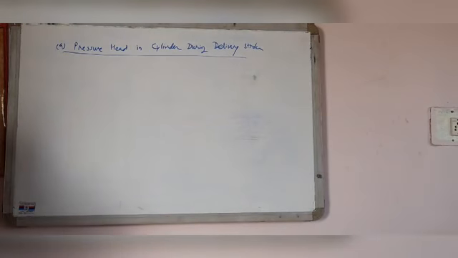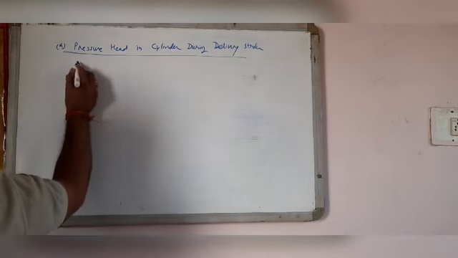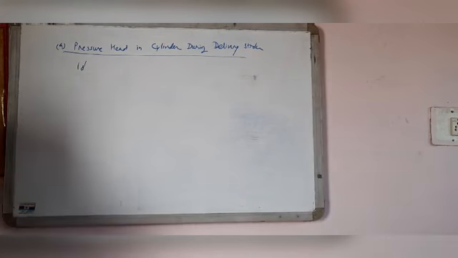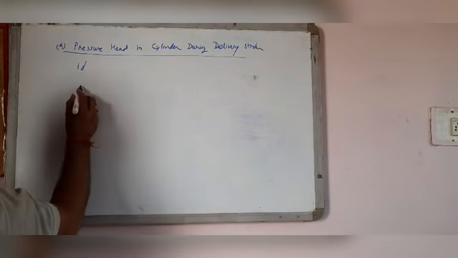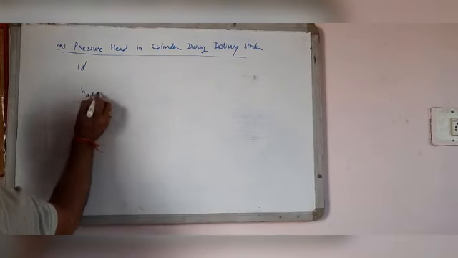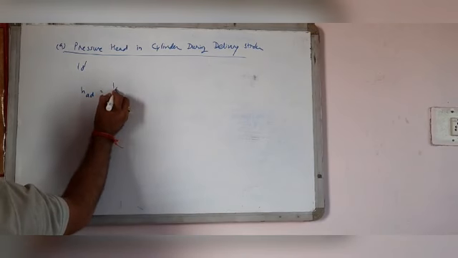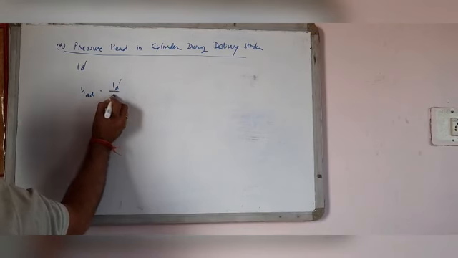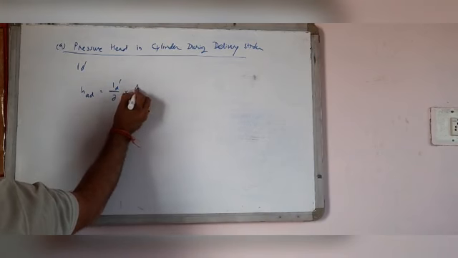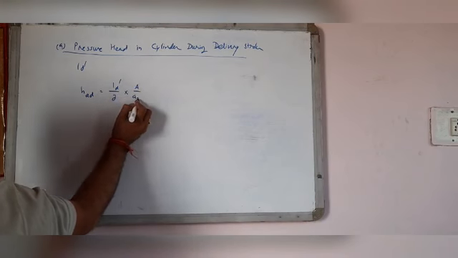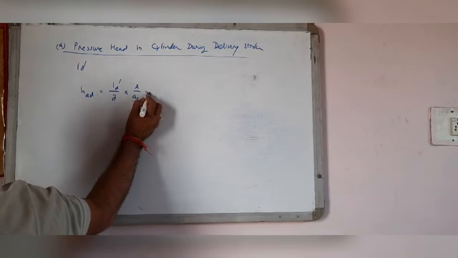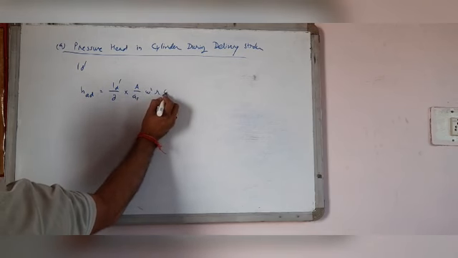Here, the pressure head due to acceleration in delivery pipe of length LD dash between air vessel and cylinder is given in this equation: H AD equal to LD dash by g into A by A S omega square R cos theta.